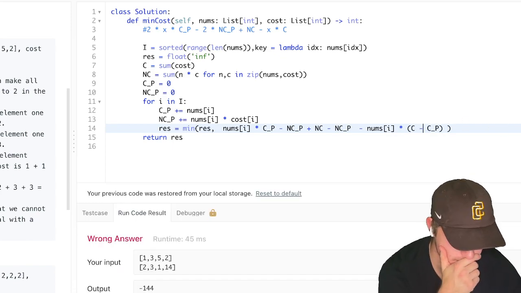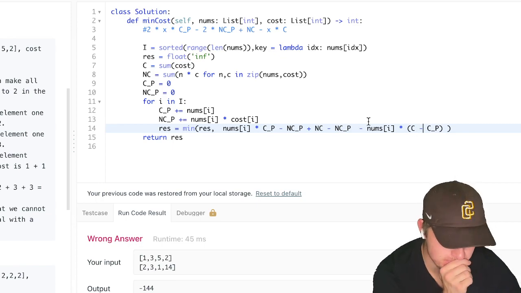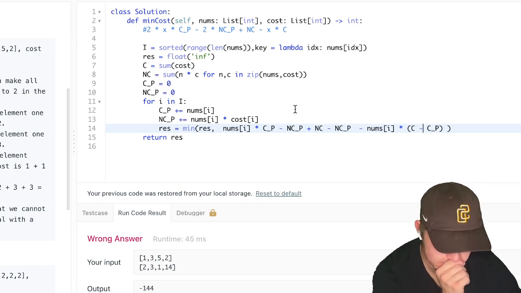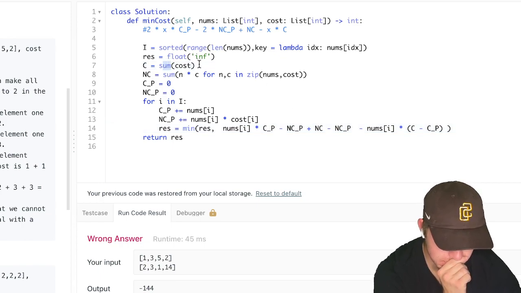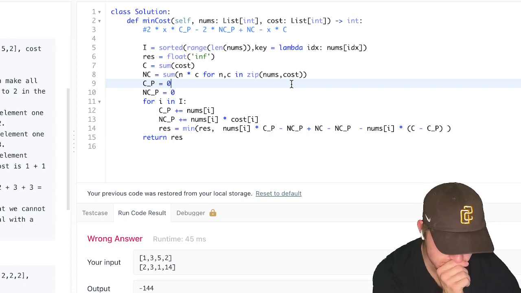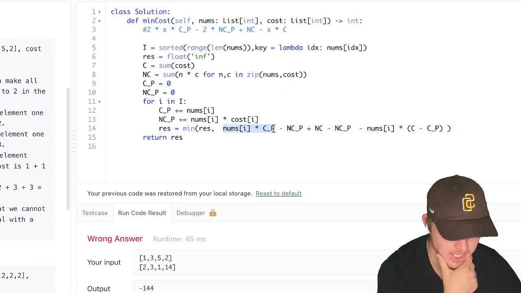Yeah, so it wouldn't be that. Nums of I times C prime.